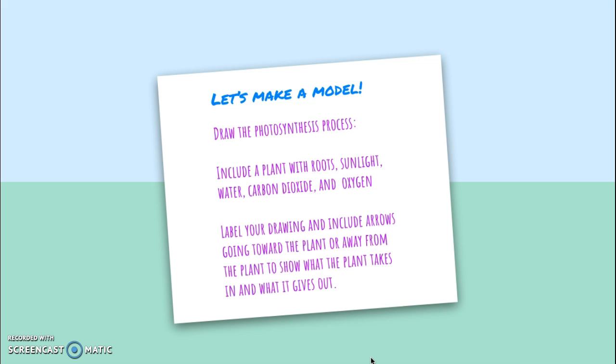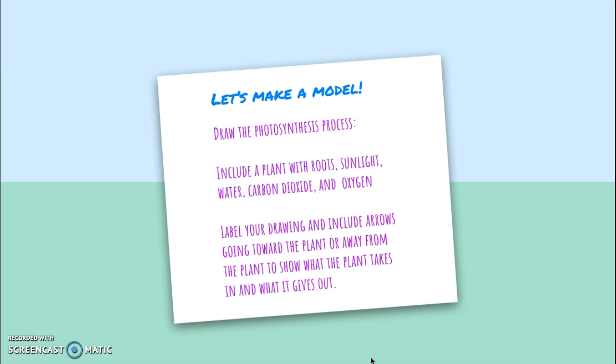Okay, then you also need to label your drawing and include arrows going toward the plant and away from the plant to show what the plant takes in and what the plant gives out. So what is something that the plant takes in? Yes, good, sunlight. So the arrow should be going from the sunlight to the plant.